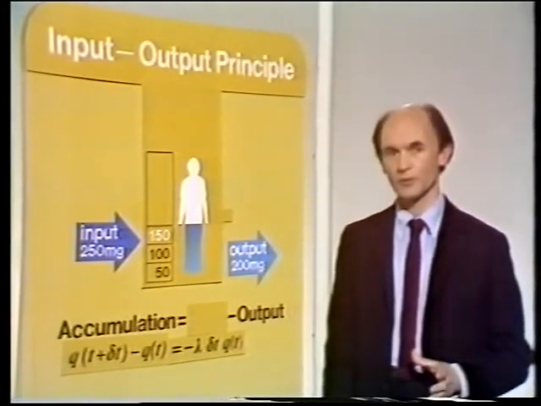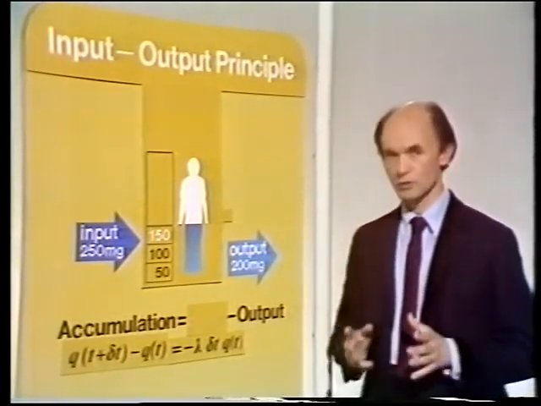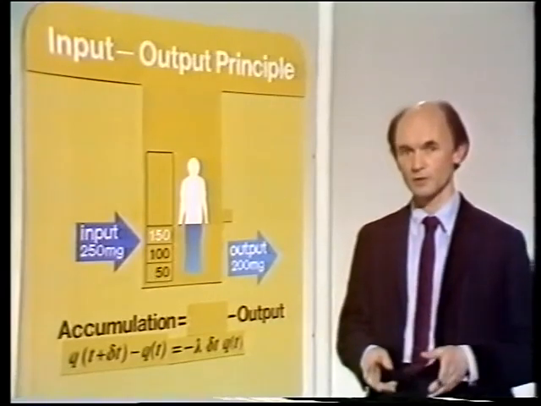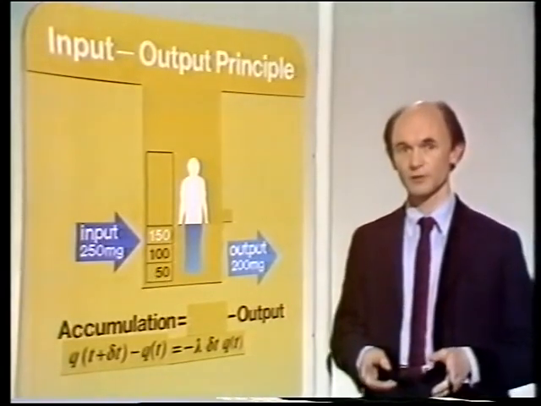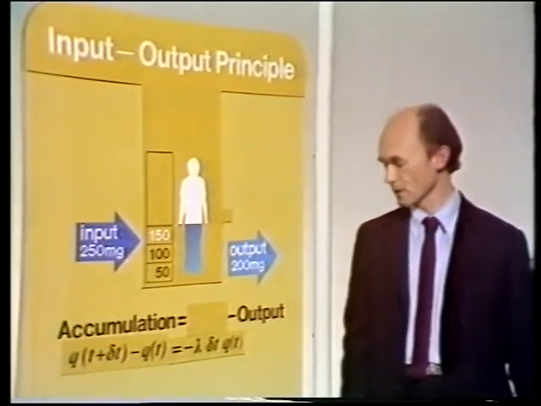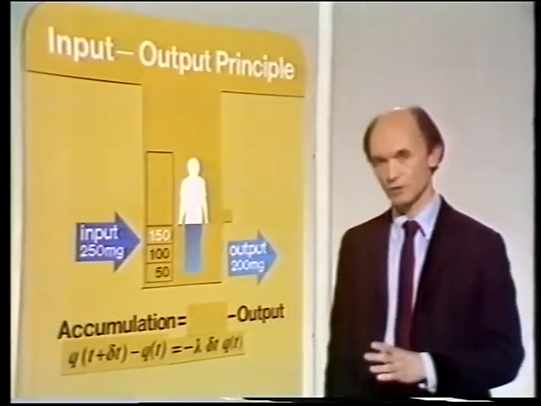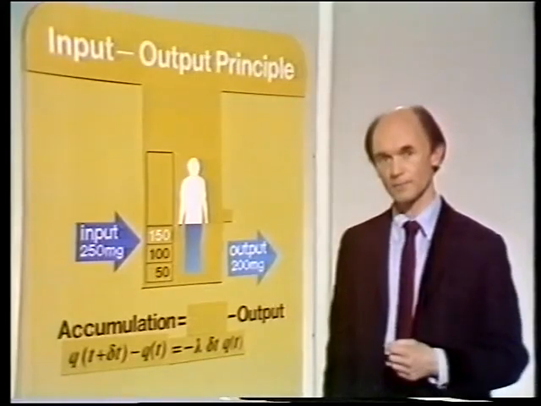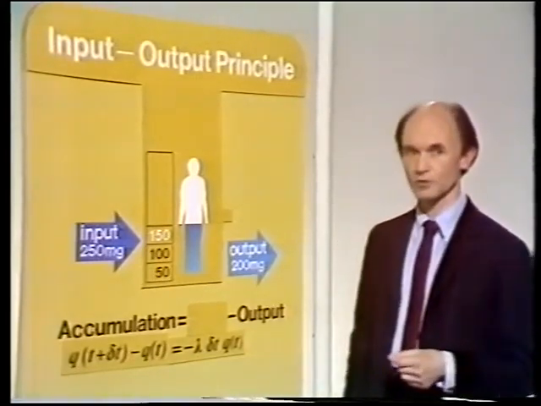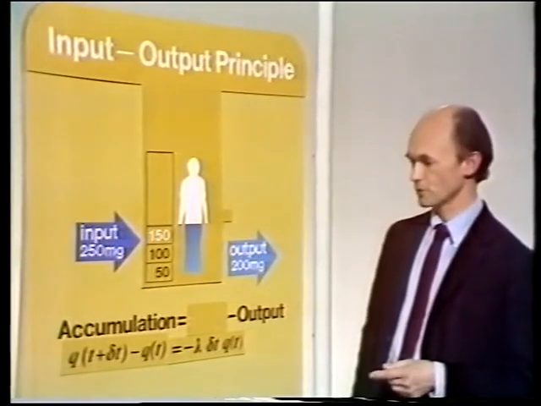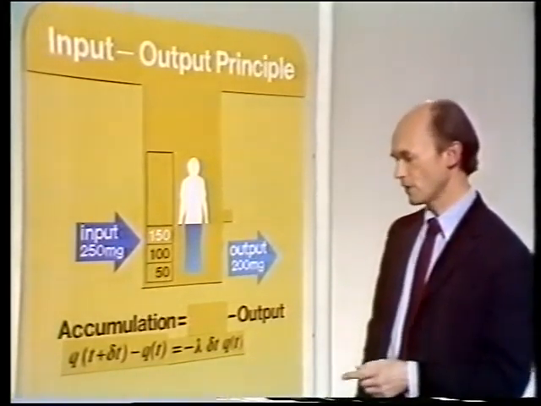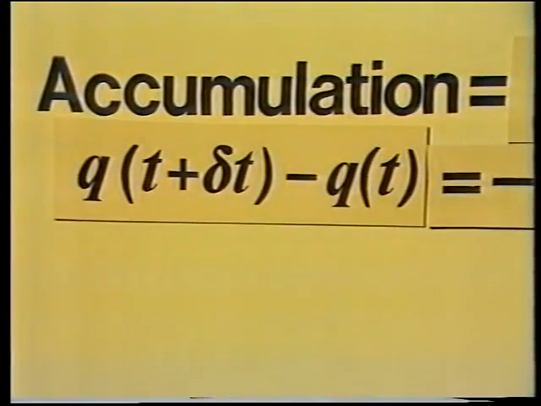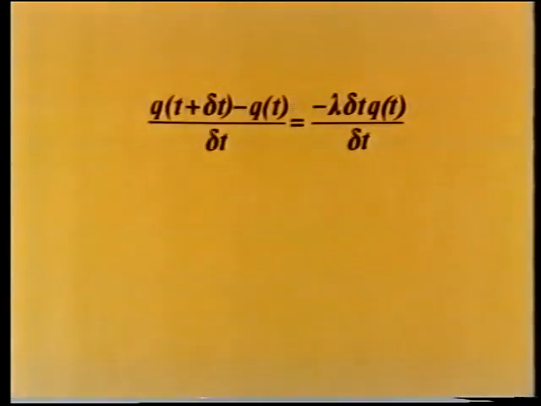Now, there's one more step in setting this equation up, because some of the approximations we've made are the better, the smaller the time interval delta t. So it will be a good idea to turn this equation into a differential equation by taking the limit delta t goes to 0. To see how to do that, let's look at the left-hand side first. It's like part of the definition of a derivative. To make it more like a derivative, let's divide both sides of the equation by delta t.